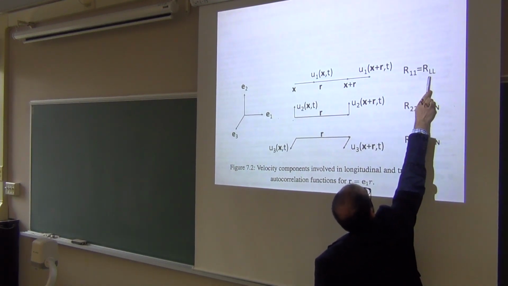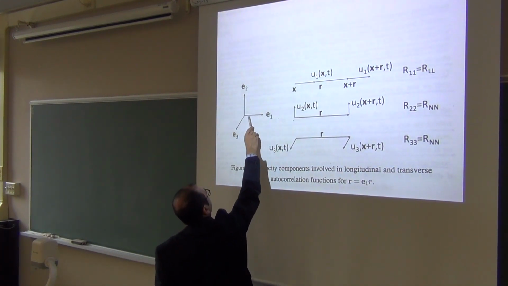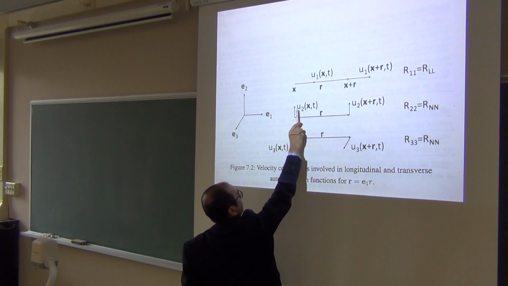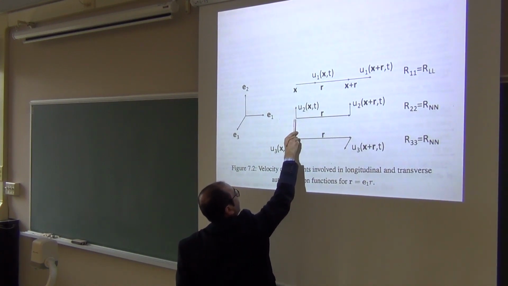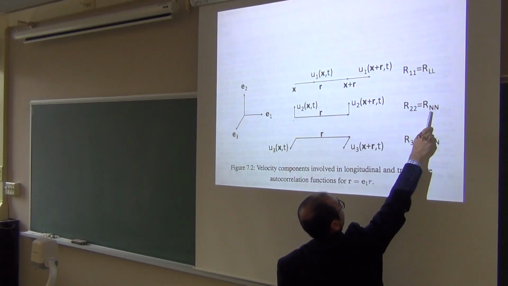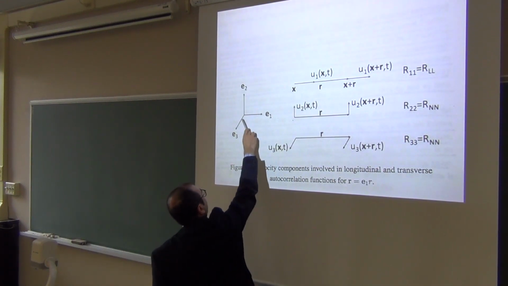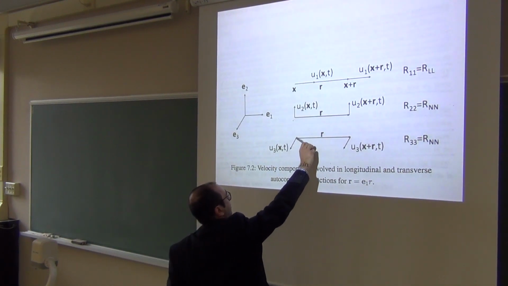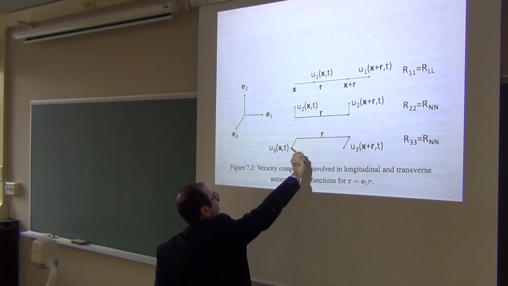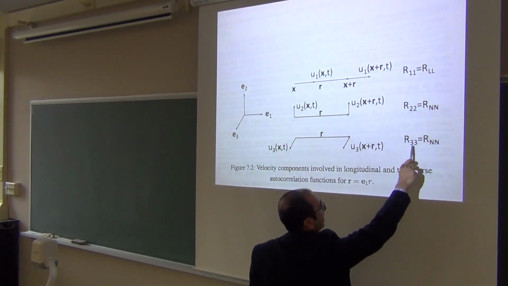So if I calculate the autocorrelation function, I'm calculating RLL. But the other two components are normal. Let's say Y, or the V component, U2, the second component of fluctuations, is normal to R. So this is R22. It's a transverse normal component. Likewise, if I look at the Z direction, or W, or U3 component of momentum, again, they are normal to this vector, so I calculate R33.